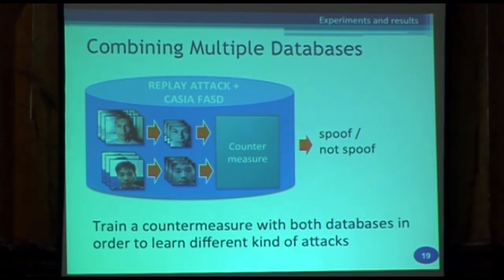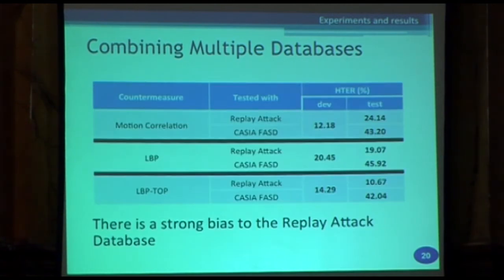An intuitive approach to deal with this is to combine both databases. So you train a countermeasure with a combination of both databases and report the results using the test set of each database, Replay and CASIA. From the results here, for each countermeasure, motion, LBP and LBP-TOP, tested with Replay and CASIA, you have different performances in each database.